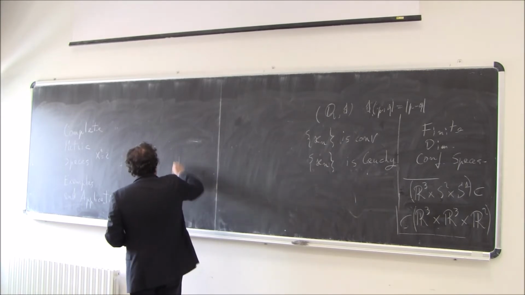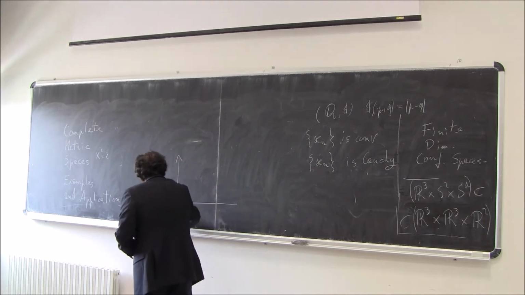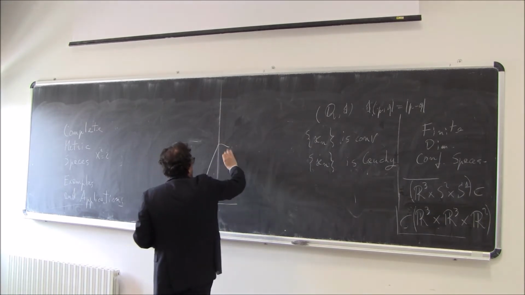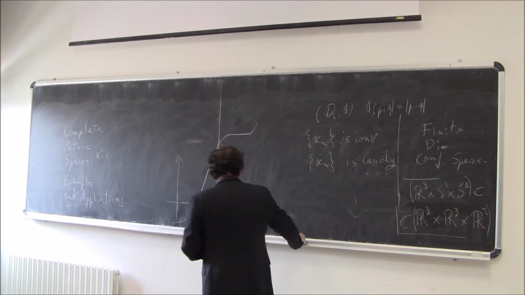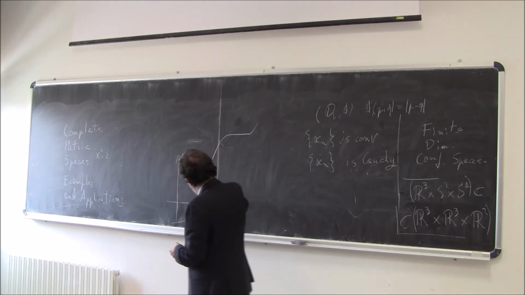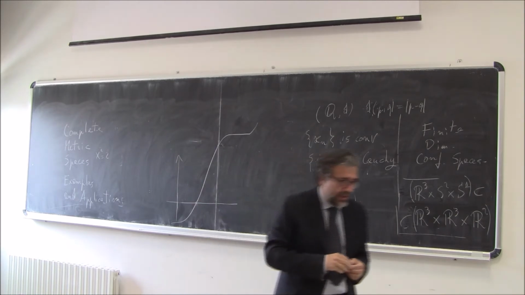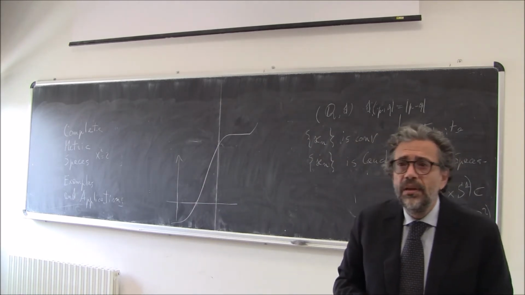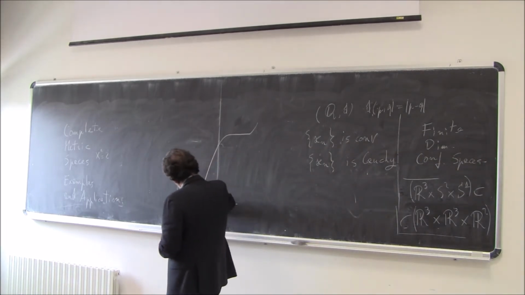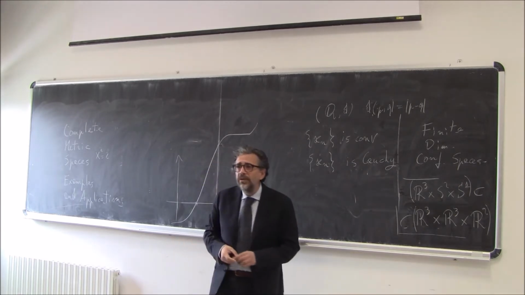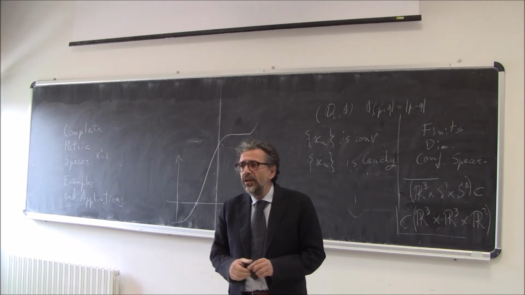Just to give you an idea, imagine that you have a function like that. You imagine the function is C0 and even differentiable. Then what do you want to do? You want to try to find the zero of this function, so the element of its domain where the function is vanishing.